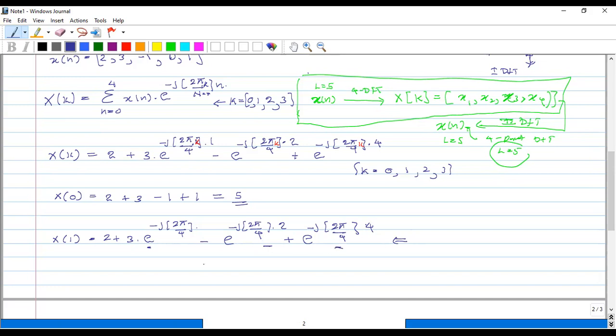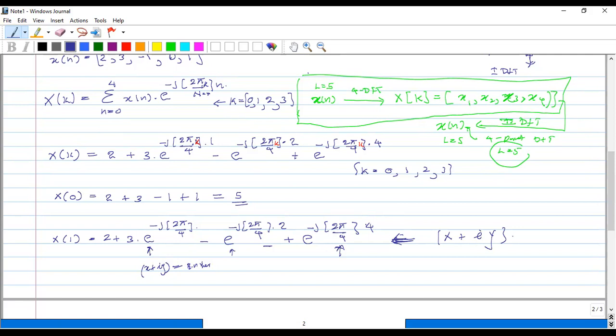So you can simplify this further. The method I will follow is that normally I will convert this polar form complex number into Cartesian form, that means x plus iy. You can use the Euler formula for this and find the value. Then I can add all together, so I will get this kind of complex number.